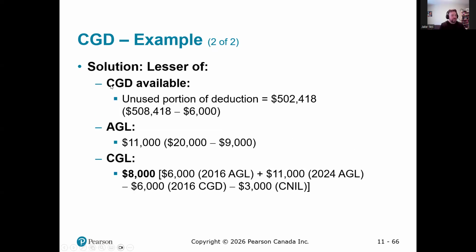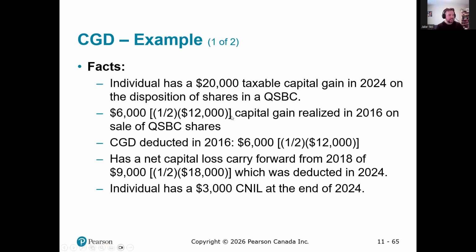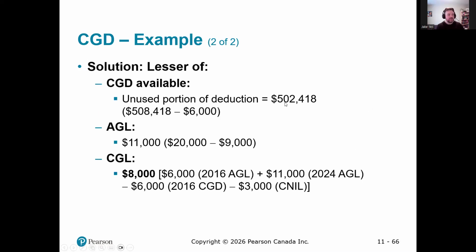So the capital gains deduction available is the unused portion. In 2024 we had a little over $1 million, $1,016,000, and half of that is $508,000. That's how much taxable capital gain can be protected. If we subtract the $6,000 that was used in 2016, there's $502,000 left that's available to us.